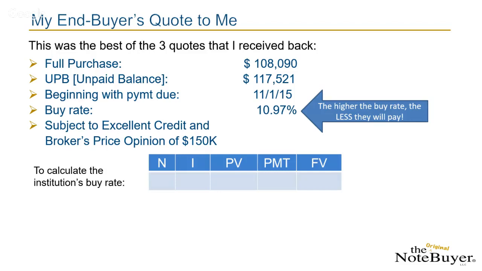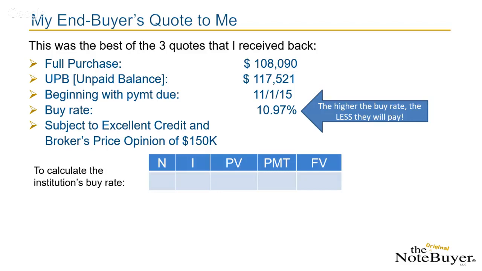When somebody gives you a quote, the higher the yield or buy rate that they're looking for, the less they're going to pay. Okay? So this institution is looking at a buy rate of 10.97%. Now, in comparison, a private investor might be really happy with 8 or 9%. So what does that mean?